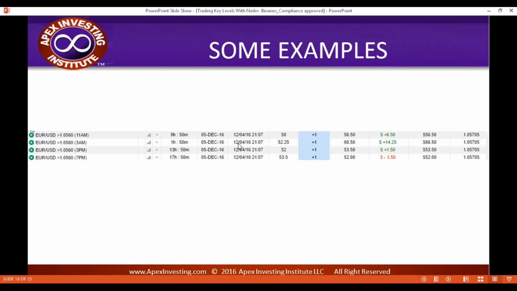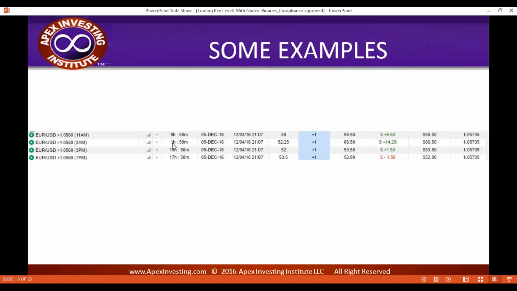Now let's look. Okay, hey, it starts to go back in my direction. All right, now which one is up the most in profit? The one that has 17 hours, 13 hours, 9 hours, or 1 hour and 50 minutes? Boom, 1 hour. Look at this. It's the same strikes. See that? The same strikes. The market's going in my direction.